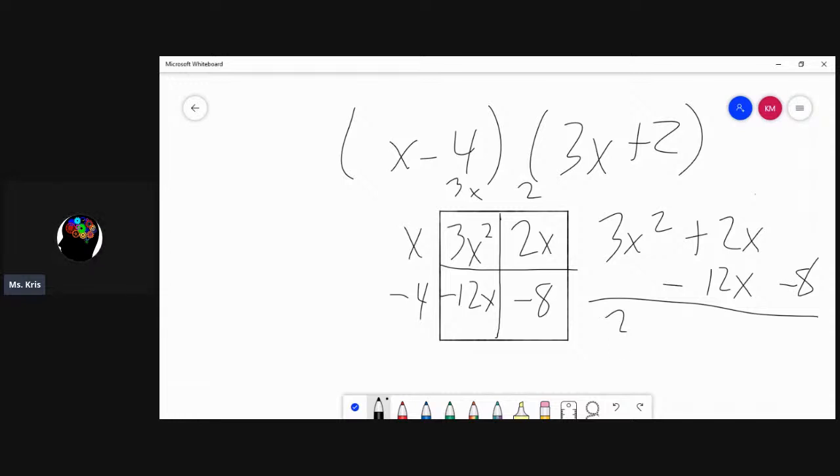So that's 3x squared, 2x minus 12x gives me a minus 10x. And then, of course, I have my minus 8. So my two binomials multiplied together gave me a trinomial of 3x squared minus 10x minus 8 when I combine all like terms.